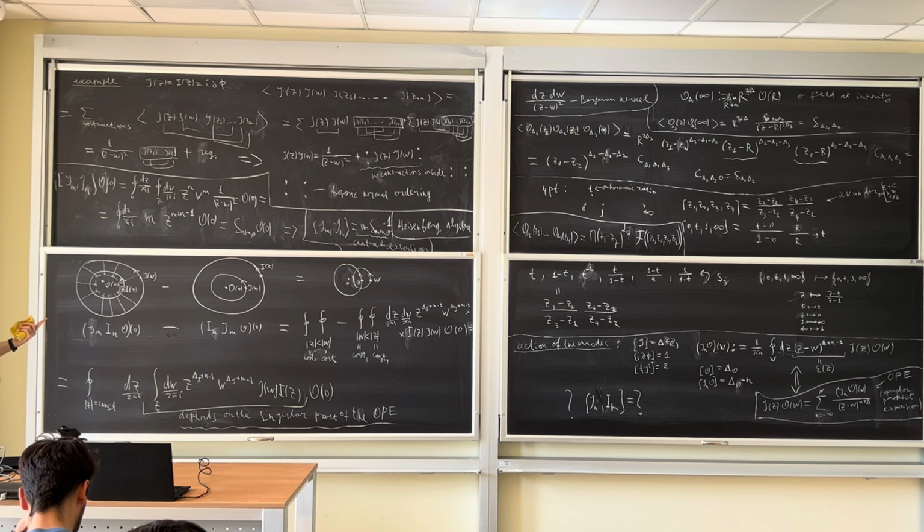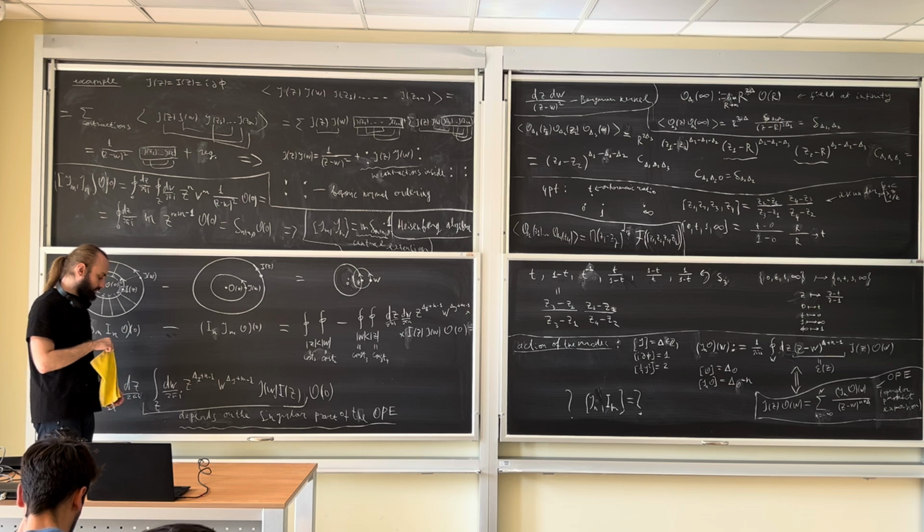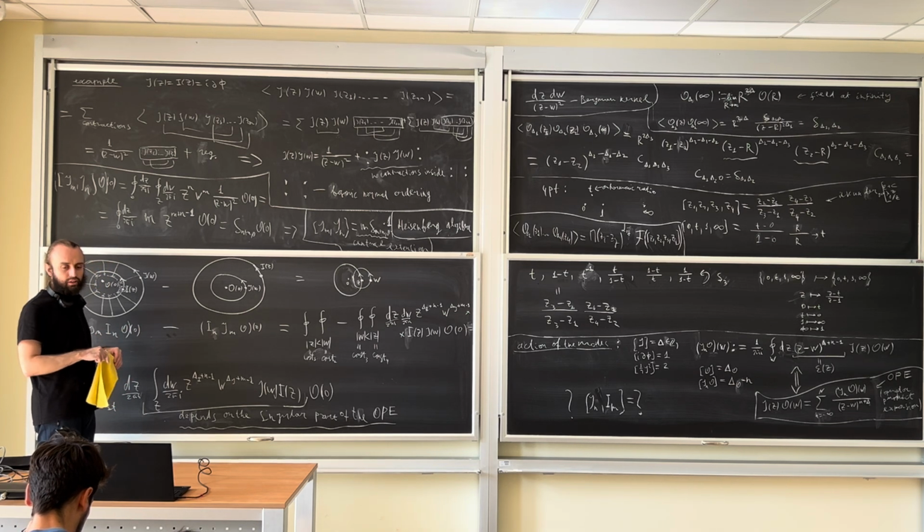So classically, we had nothing like this because there were just shifts of the field by some functions. So there was no reason to have some non-commutativity. Are there any questions about this?